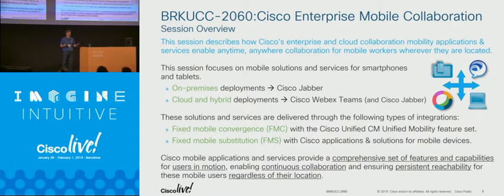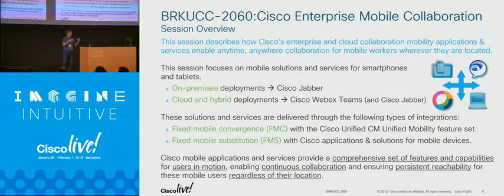And of course, these features, functions and deployments are delivered through two basic types of integration. The first we call fixed mobile convergence, and I'll define that a little bit later so everybody's clear on that. That's really where our Unified Communications Manager mobility feature set comes into play, things like single number reach. And then fixed mobile substitution, and that's where our mobile clients come into play.